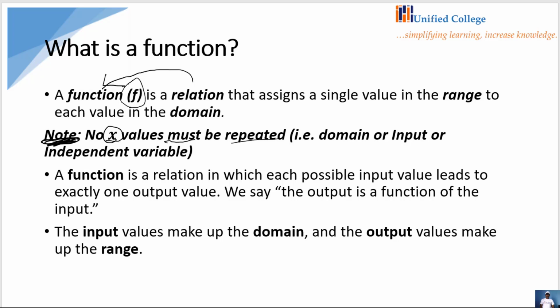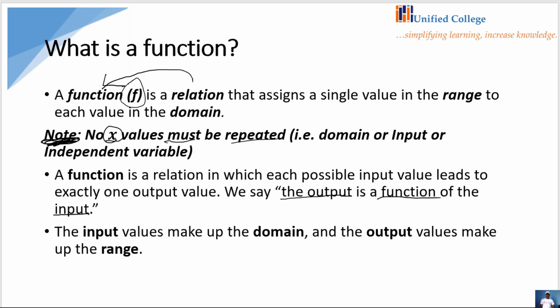We say the output is a function of the input. The input values make up the domain, don't forget that, and the output values make up the range, as you can see on your screen.